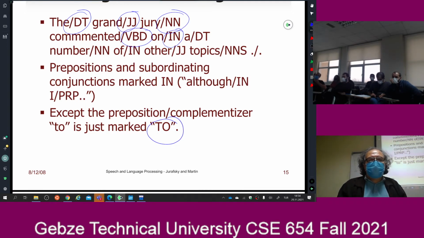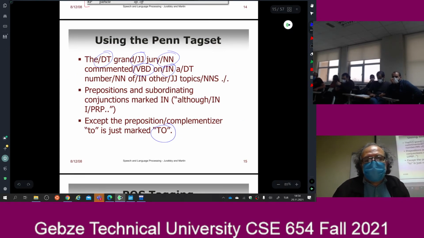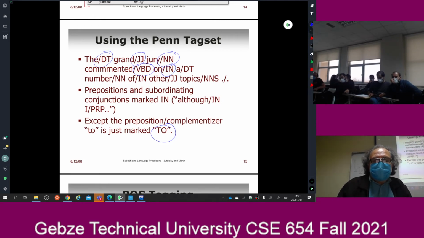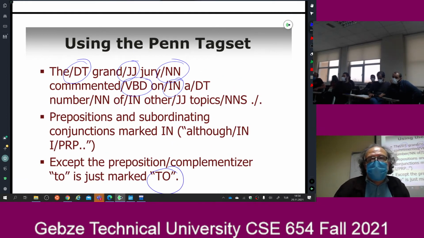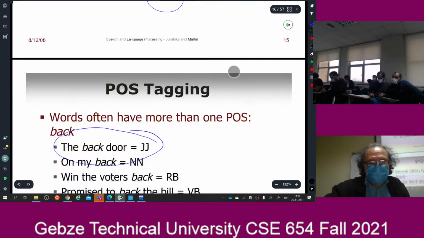If I use to as a preposition, I am going into the school, that to is a preposition, marked with IN. But if I am using to with a verb, to go to school, then to is TO. So somebody made the decision on these tag sets, and they have tagged millions of words in this Penn data set with these tags, and it is available.